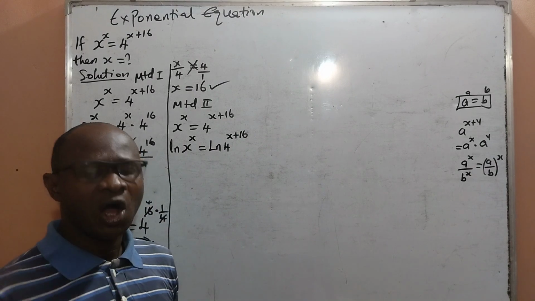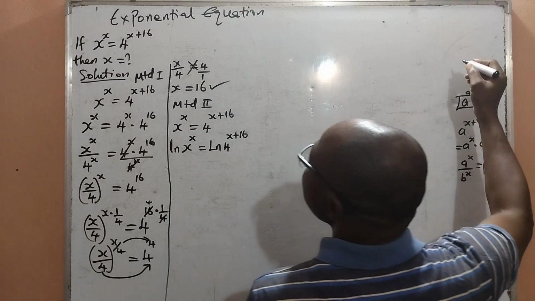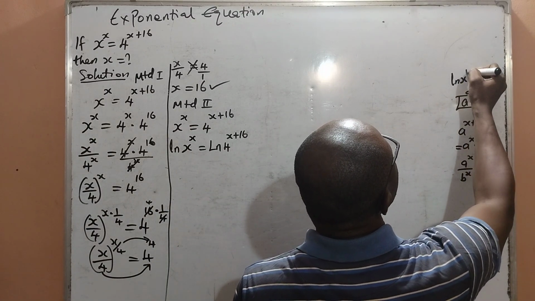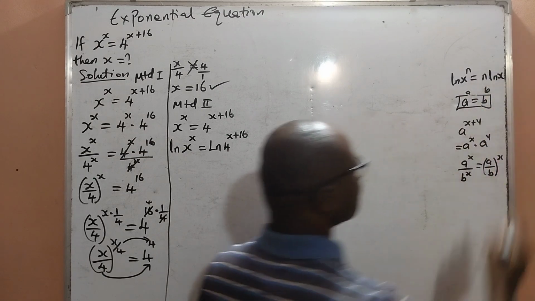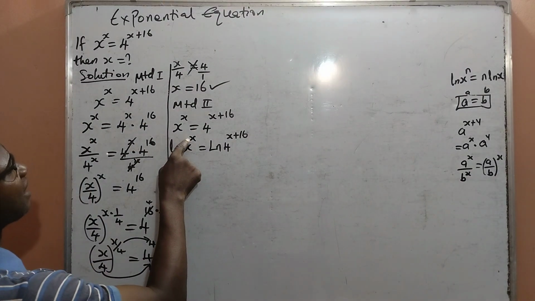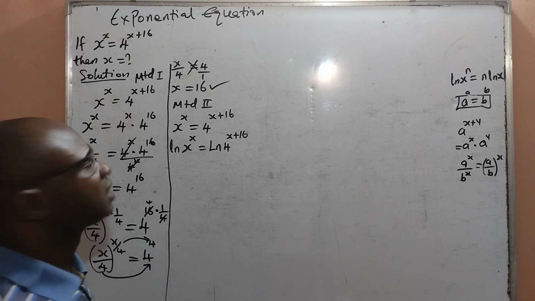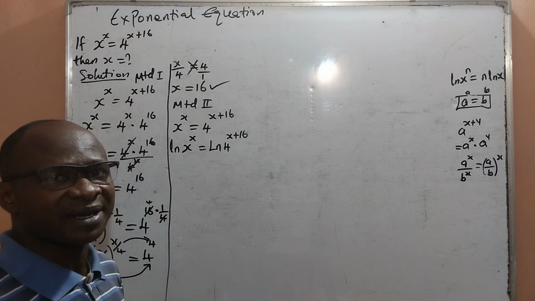Now, by law of natural logarithms, ln x raised to the power n is equal to n ln x, okay? That is the law. What it means is that the power will come to the front on the left hand side, and the same thing will also be applied on the right hand side.